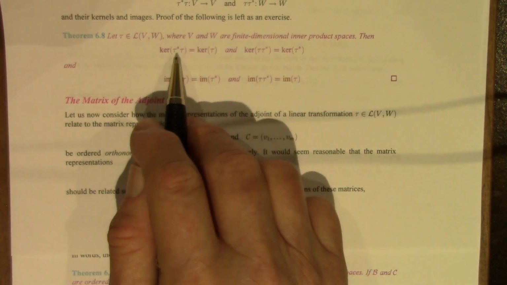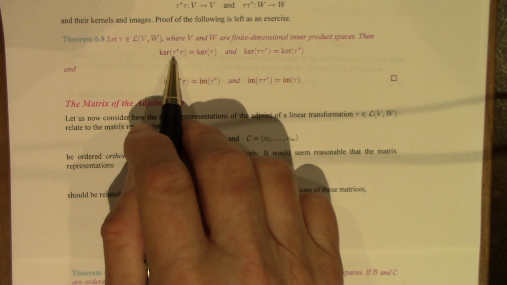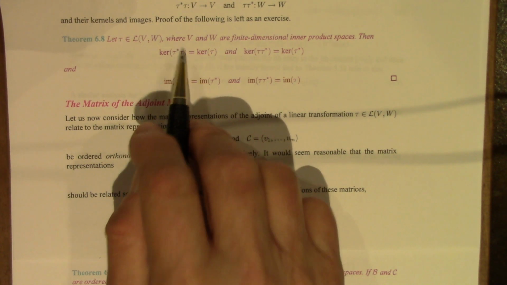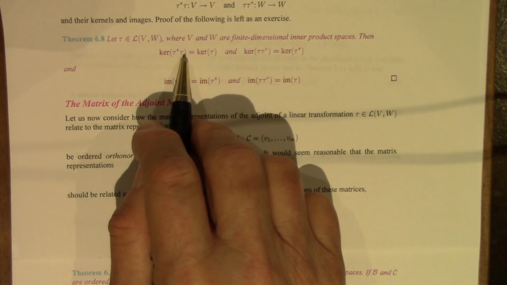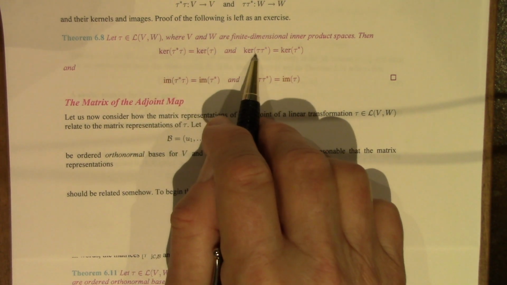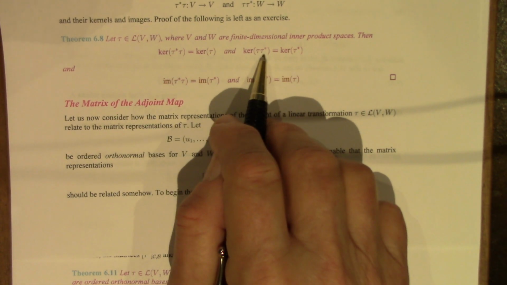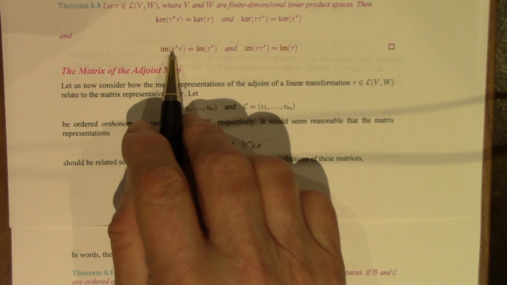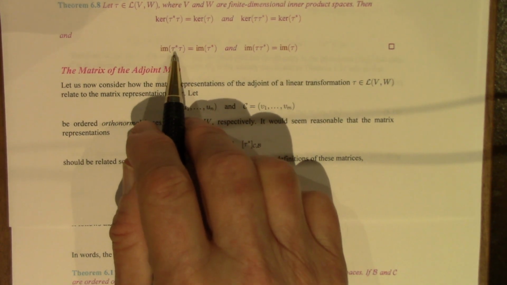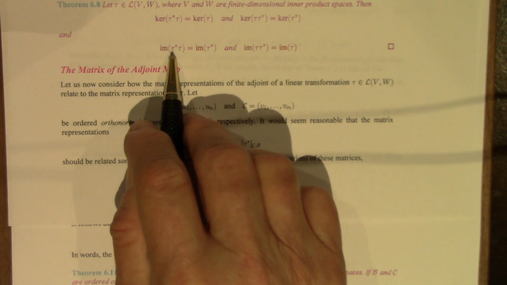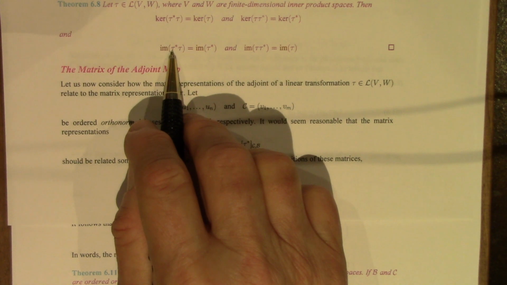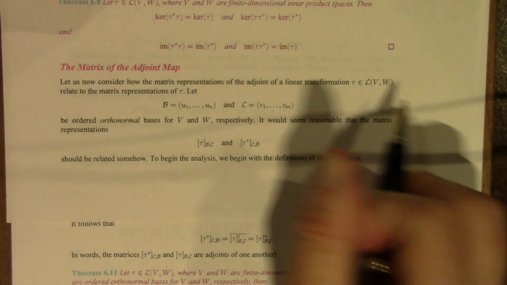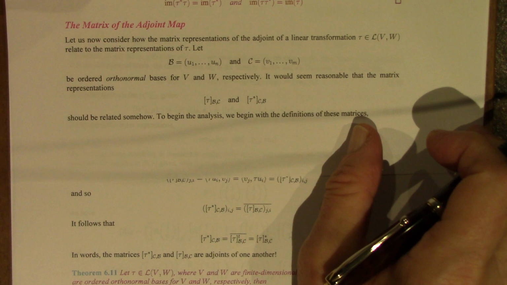Or put in a different, better way, whatever is sent to 0 by the composition must be sent to 0 by the first operator, the right-hand operator. Whatever is in the image of tau star tau is exactly what's in the image of the second operator, whatever survives the second operator. Okay, so maybe that'll help remember these things.